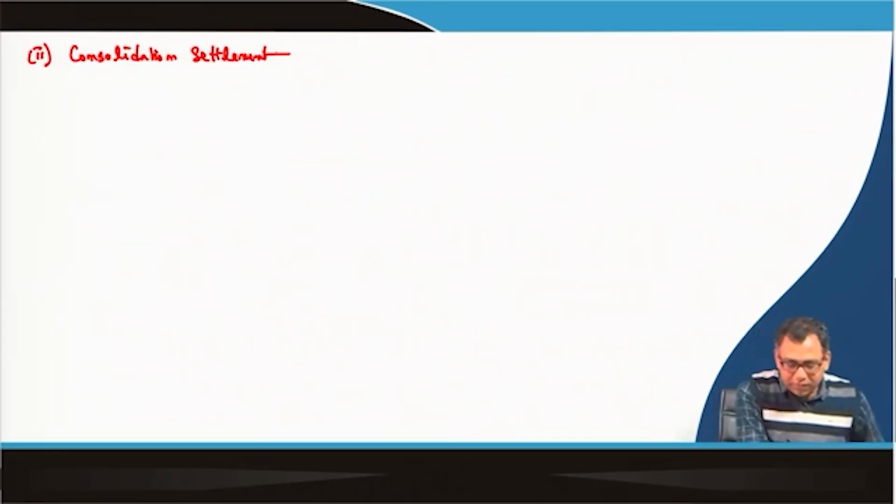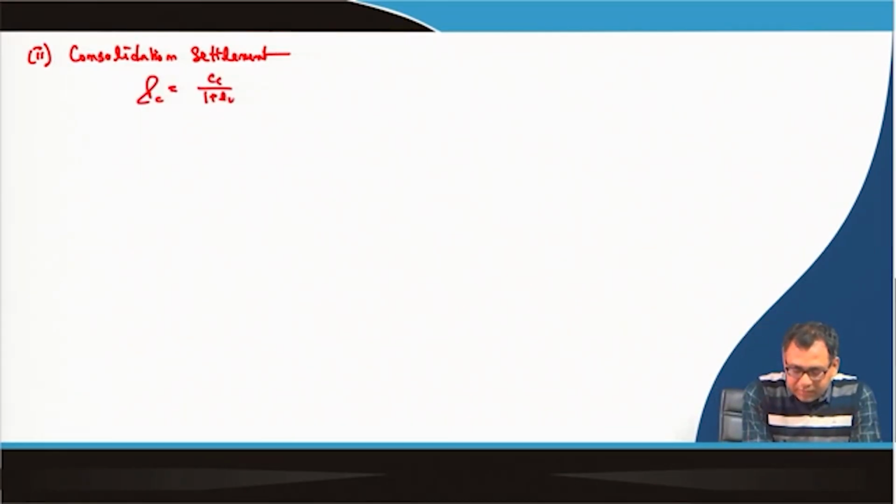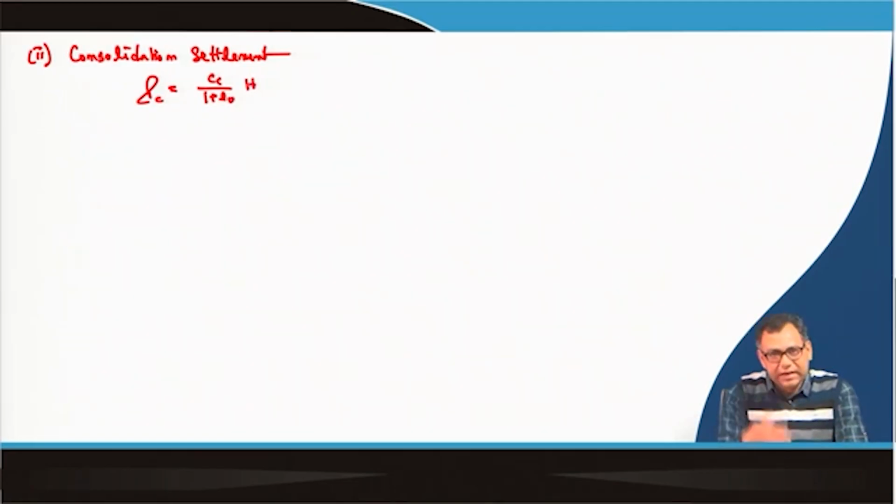So, consolidation settlement is Cc over 1 plus e0 times H, because here it is a single layer.